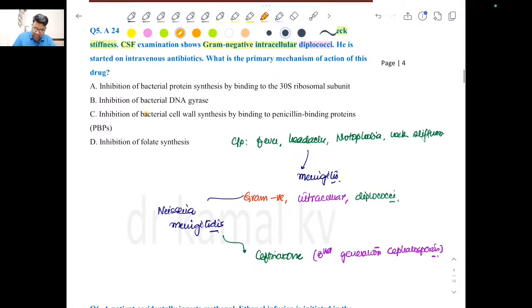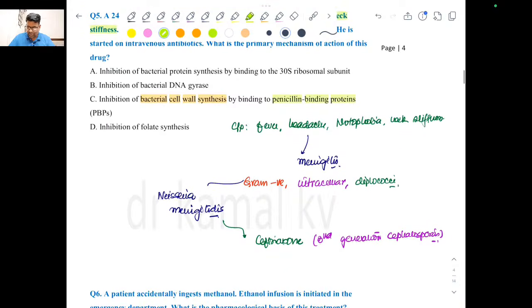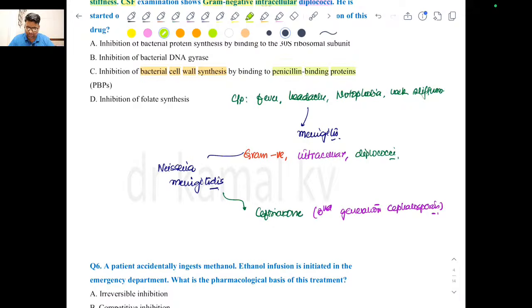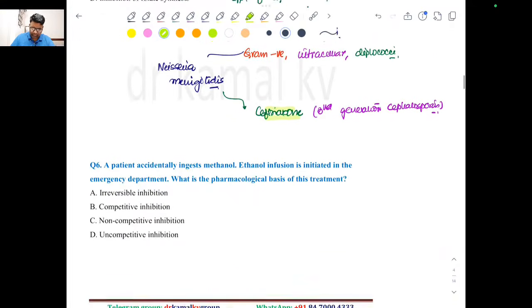Yes, it inhibits bacterial cell wall synthesis by binding to penicillin binding proteins, PBPs, right? So that is how you will solve this particular question. So this question is about ceftriaxone for Neisseria meningitis, right? So that's how you can solve this.